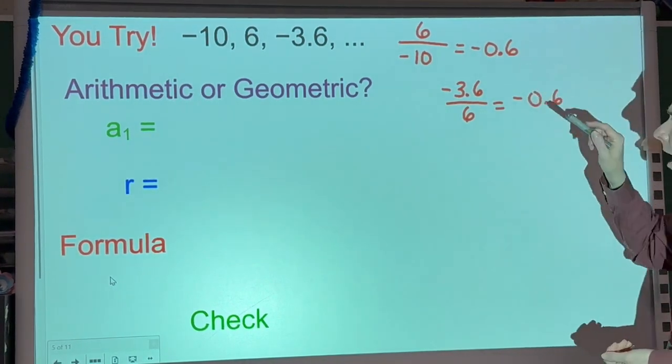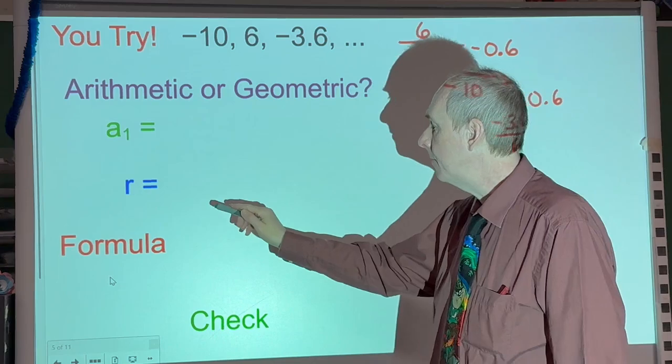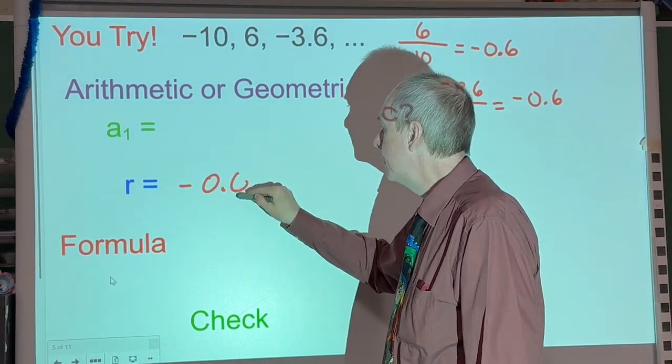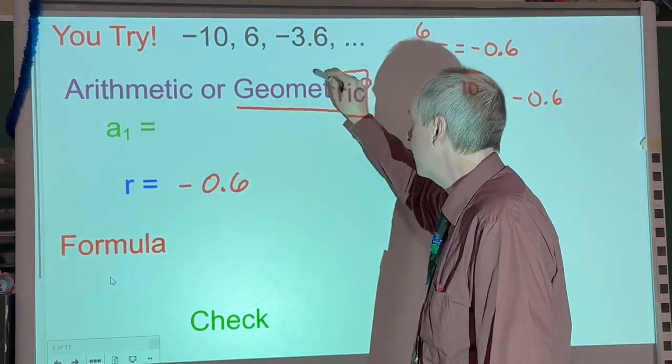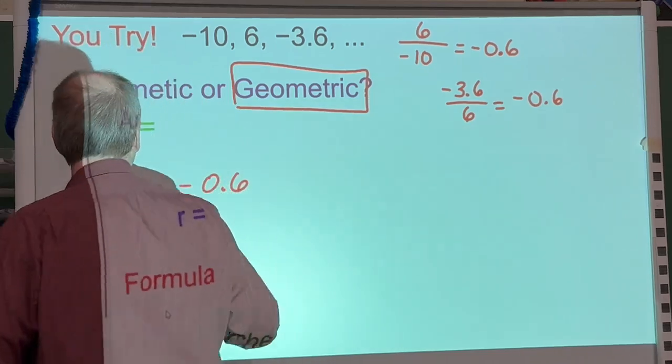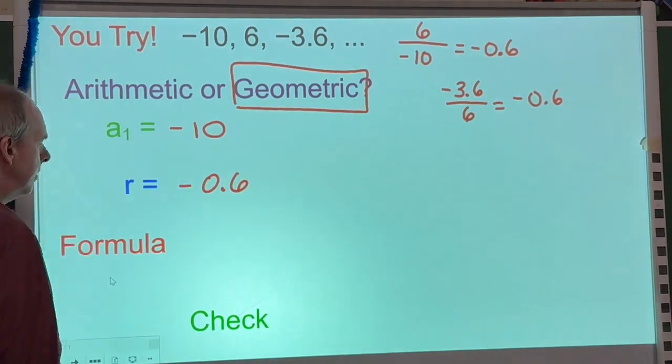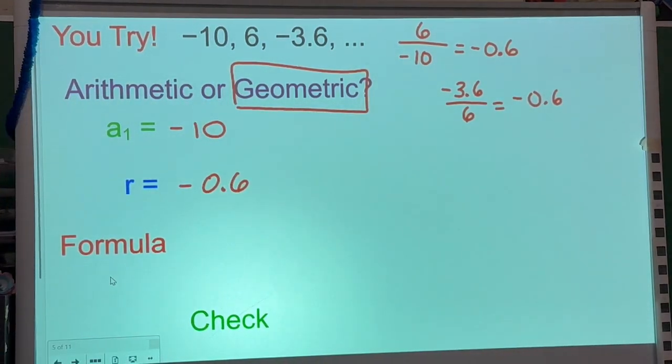So we have a common ratio here of negative 0.6. This is geometric. Your first term, negative 10, which lets us write our formula.